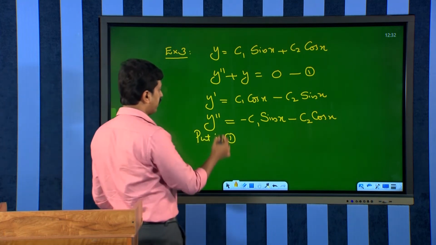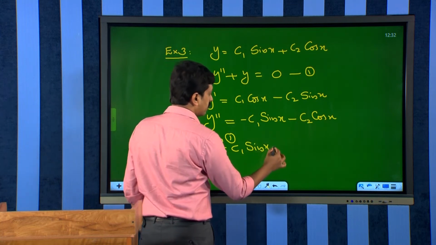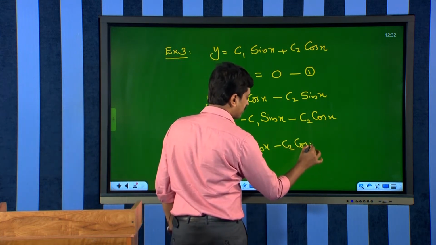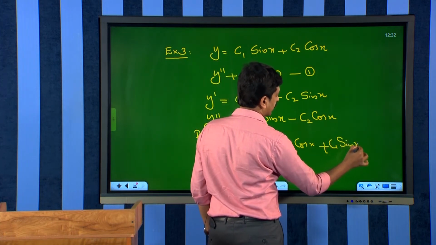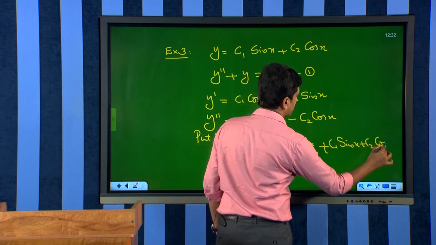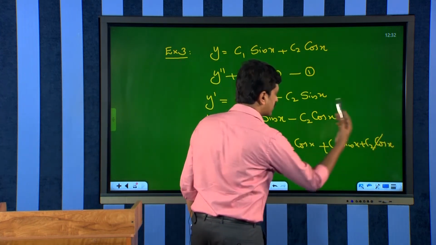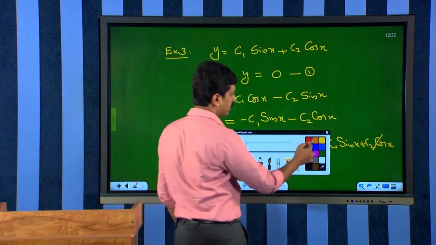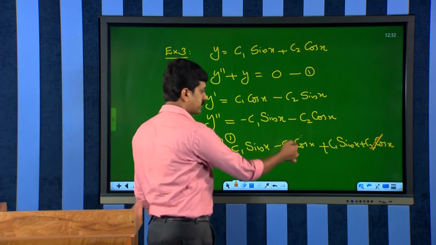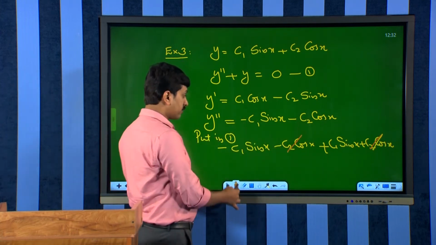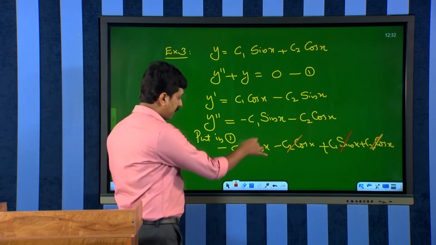So we will have y double dash is equal to minus c1 sin x minus c2 cos x plus c1 sin x plus c2 cos x. Finally, we will have plus c2 cos x minus c2 cos x, and also plus c1 sin x and minus c1 sin x.